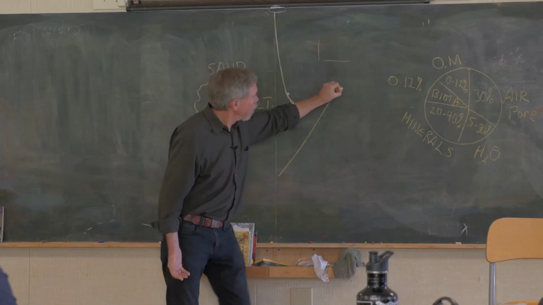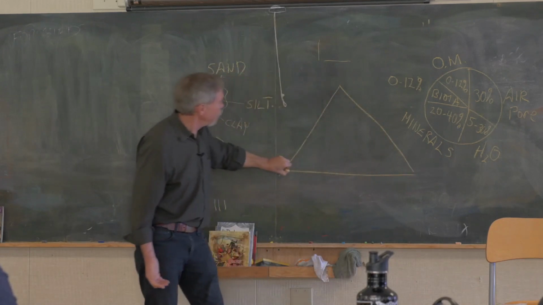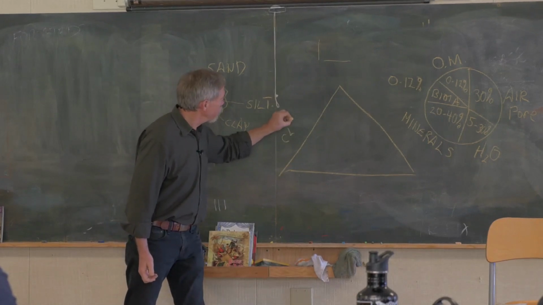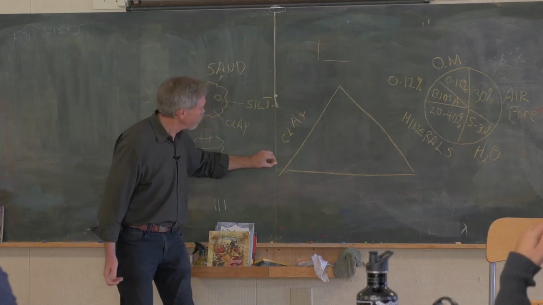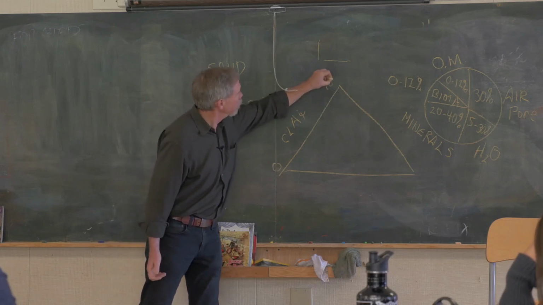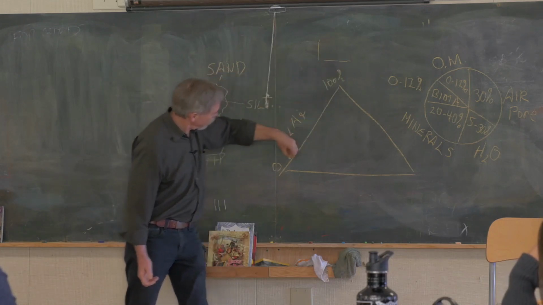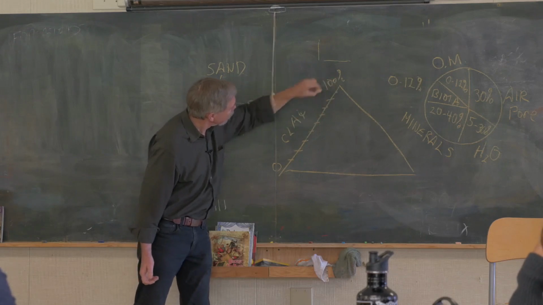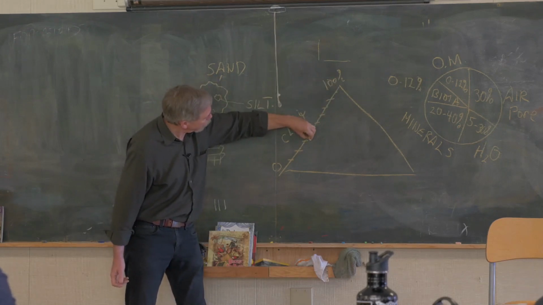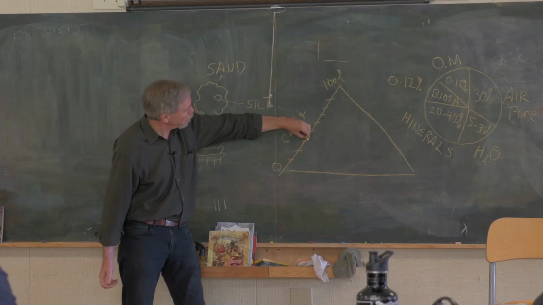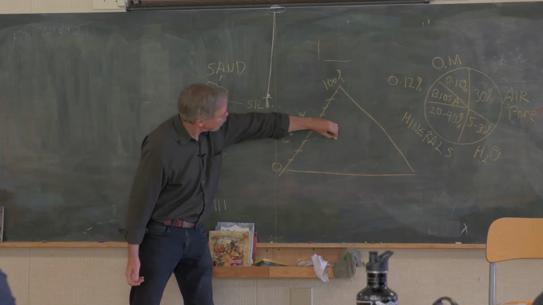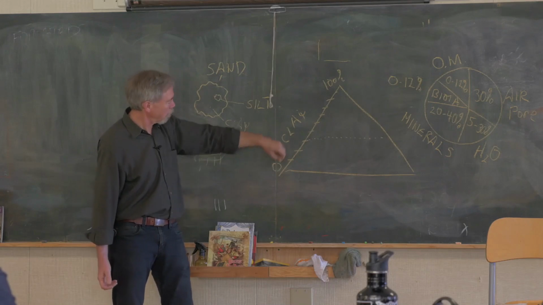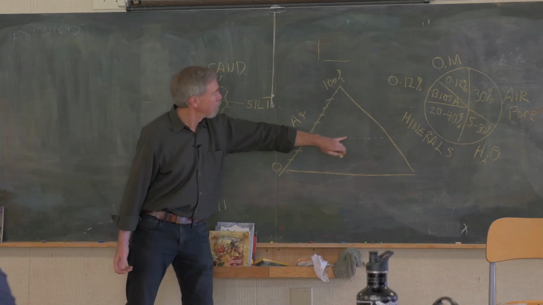You will get a graph that is actually a triangle, and this axis is the clay axis going from 0 to 100% clay. So it's got a set of tick marks, so pretend I'm drawing 10, I don't know how many I'm drawing, but a set of tick marks like that. So if we have a soil that is 30% clay, this would be the roughly 30% axis going across, 10, 20, 30%.